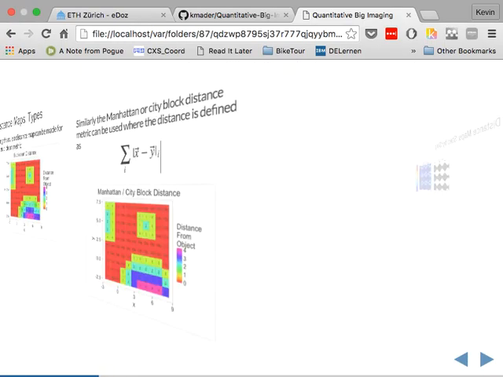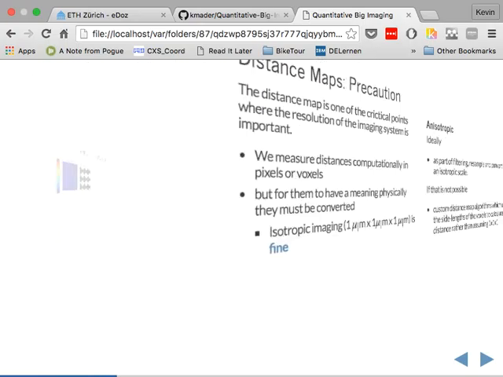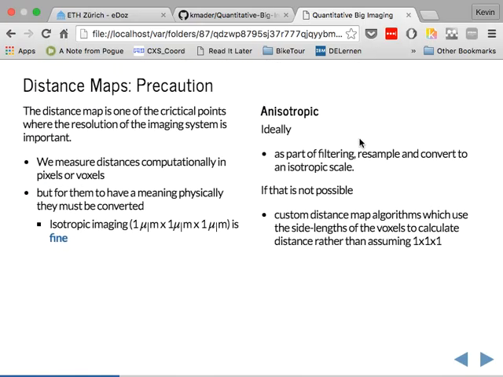So when we look at this algorithm, where you go through the image and assign each pixel a value based on how far it is from the closest background pixel, you have to take into account that one pixel in Z counts 10 times as much as one pixel in X and Y. This is possible, but if you forget to take it into account, it basically makes your entire distance map useless.